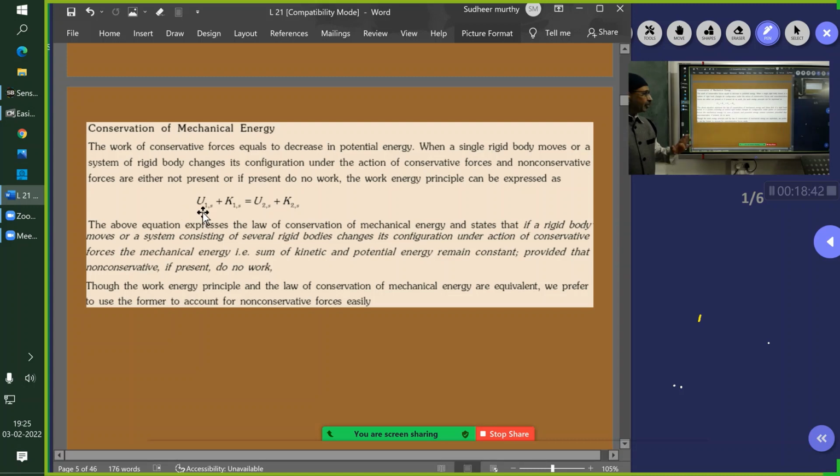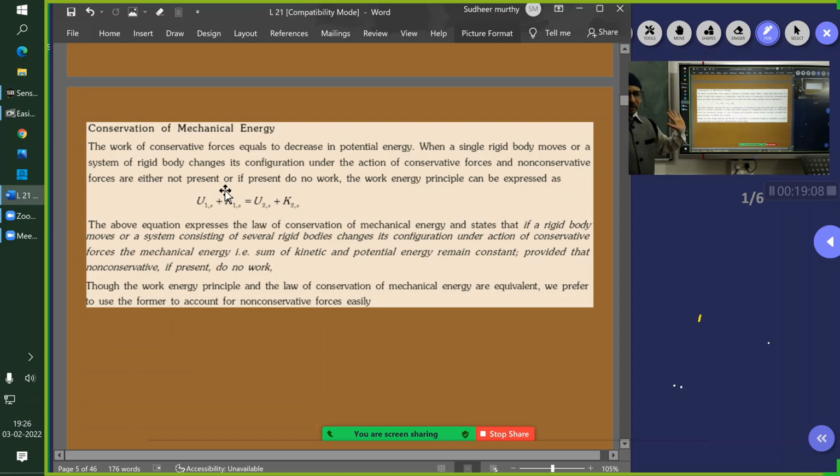So if the work is done by the conservative forces, it will either increase the potential energy, and if the potential energy of the system increases, its kinetic energy must decrease. Now be careful here. If both conservative and non-conservative forces are there, you work separately.